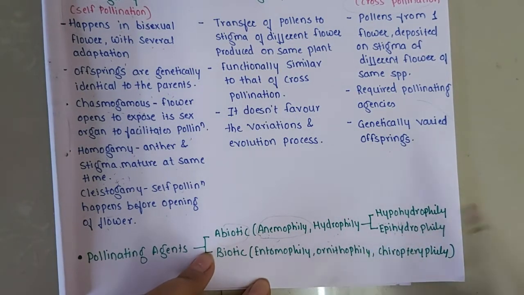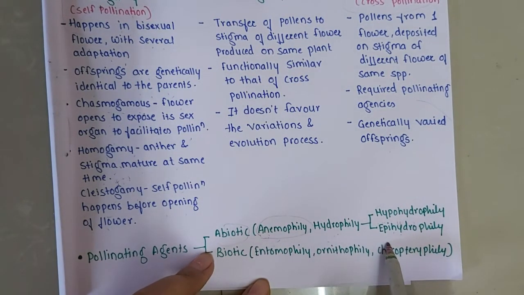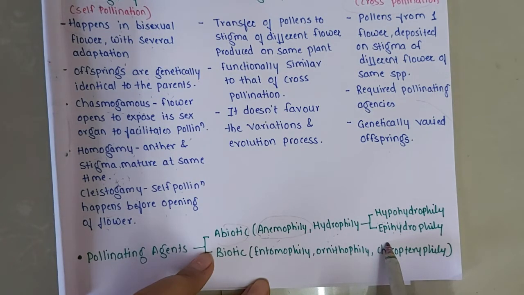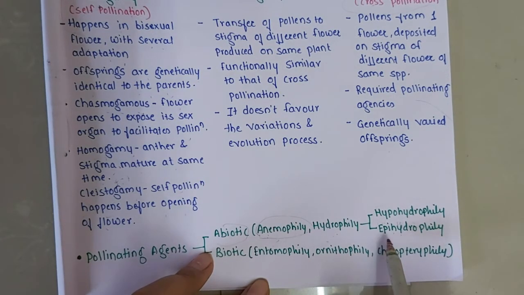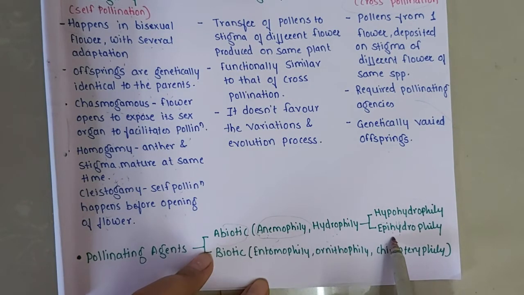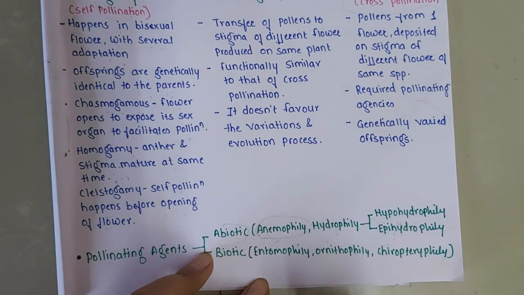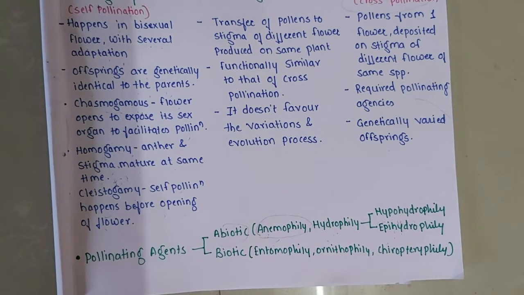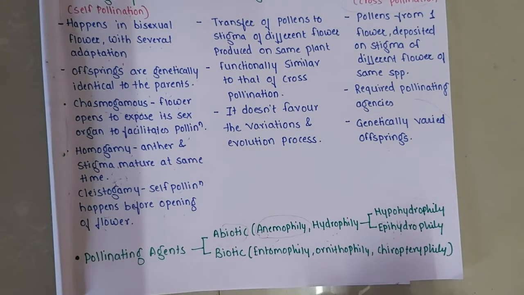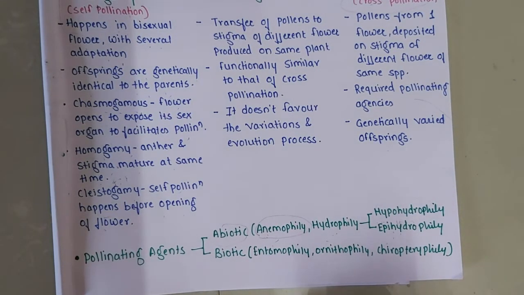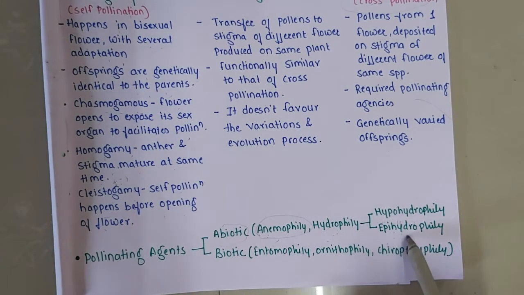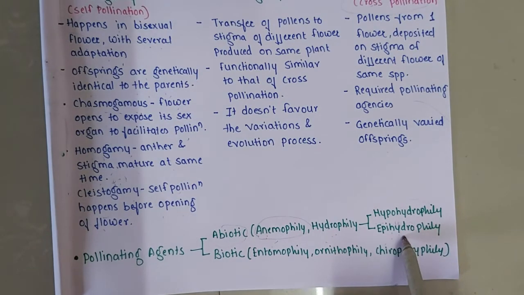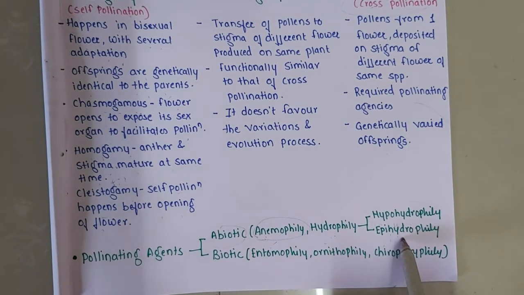Okay, next type is epihydrophily. Epi, above the surface. Okay, so pollen grains float on the water surface and reach the stigma of the flower. They have given the example Vallisneria. It is a submerged, freshwater aquatic plant, in which the female flowers reach the water surface temporarily to ensure pollination, and male flowers float on the surface of water for the pollination, right?